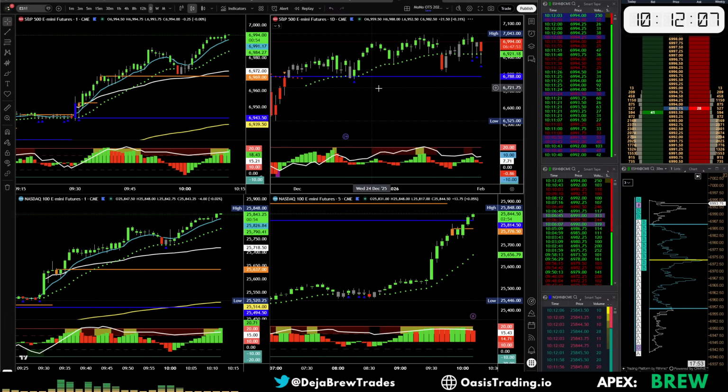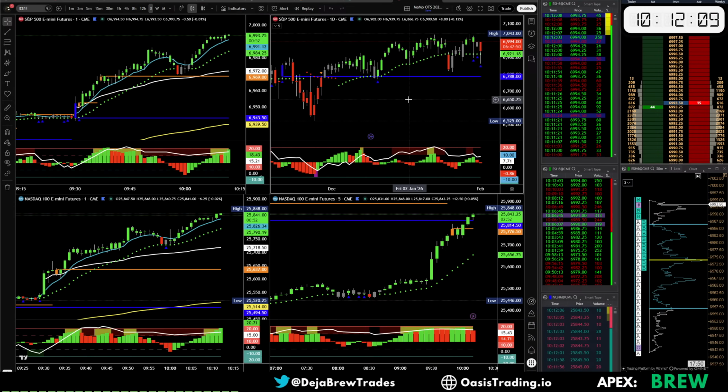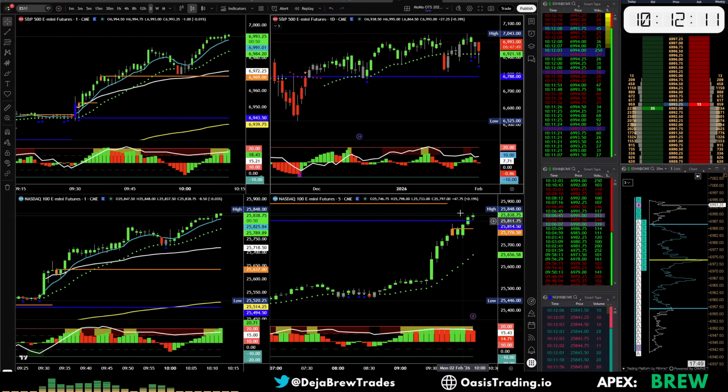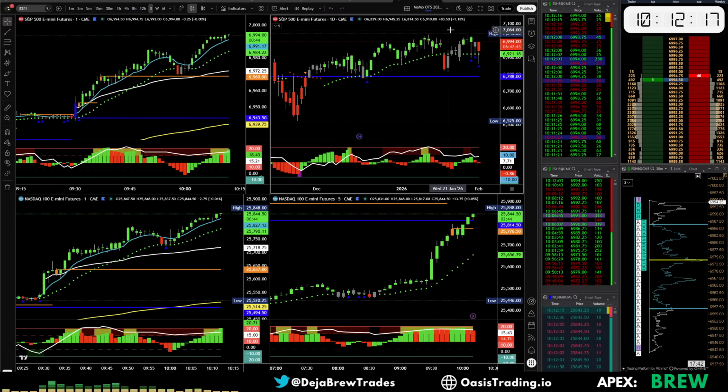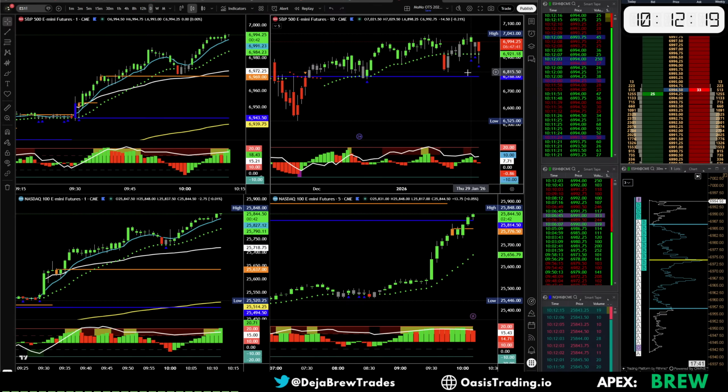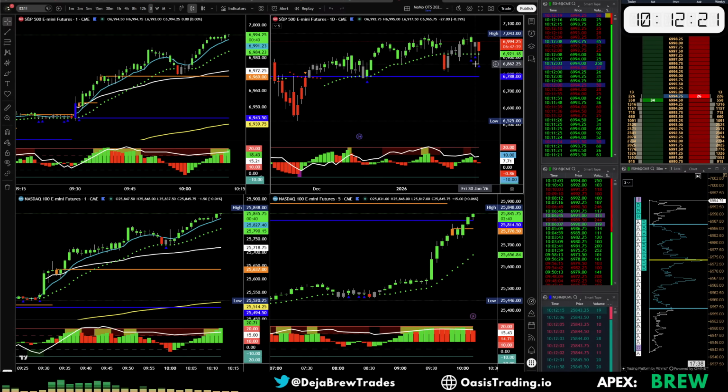So looking at this on the larger scale, like on the daily, they're basically just protecting kind of the low of the range. Like if you look at this as a massive range here, the buyers are just aggressively protecting the low of the range and kind of the middle of the range.